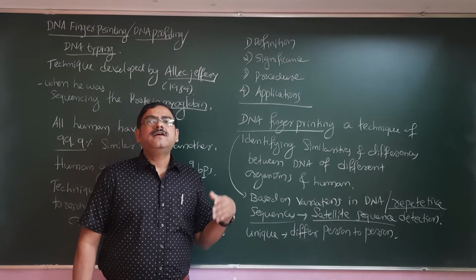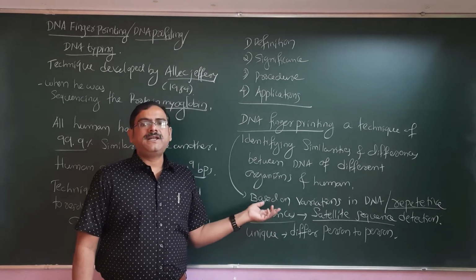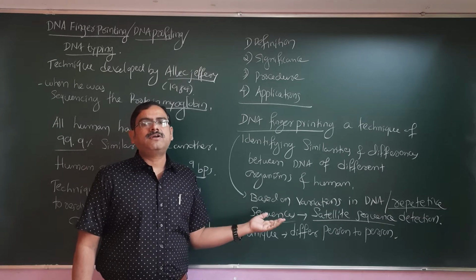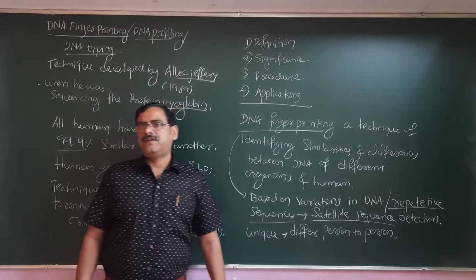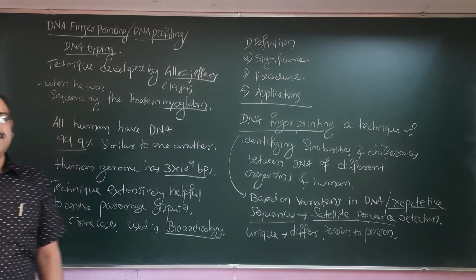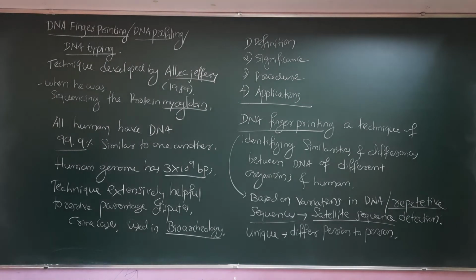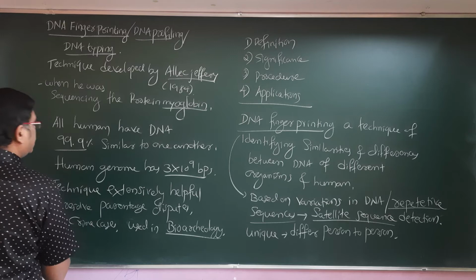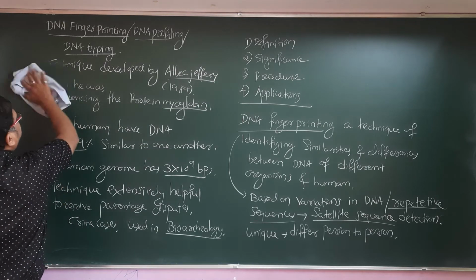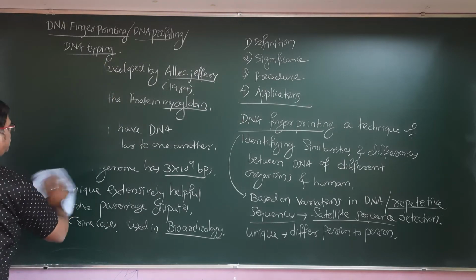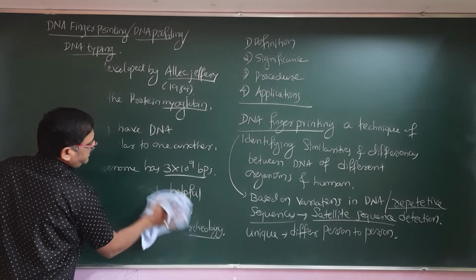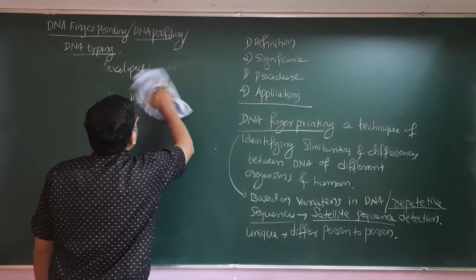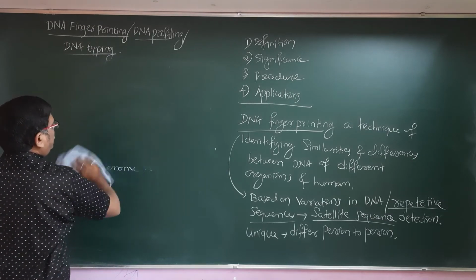They keep on repeating, and such repetitive sequences we target using the technique we call DNA fingerprinting. Let us now understand the significance of DNA fingerprinting first, and then we will discuss the procedure as well as the applications.